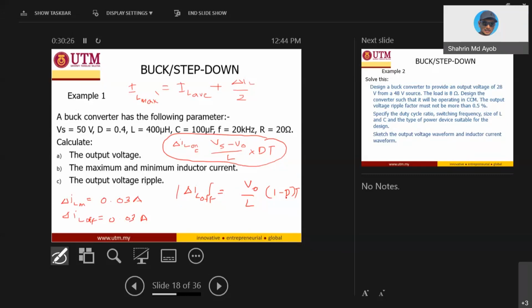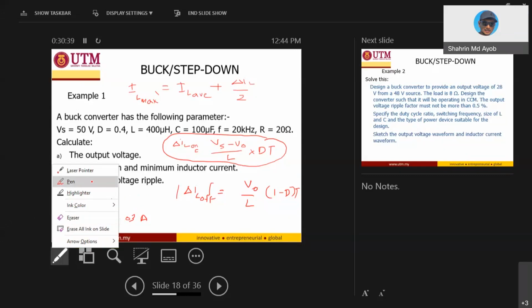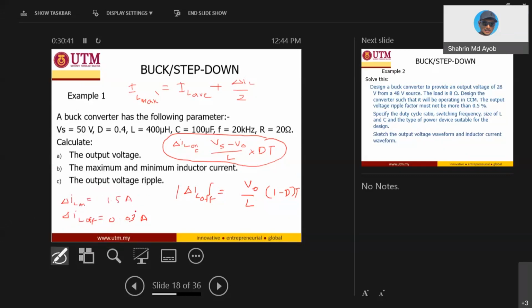Delta IL off. 1.5. Oh. 1.5. Your friend got 1.5. Can you get 1.5? You need to double check. So this one should get 1.5 also. Boleh confirm tak? Delta IL off.